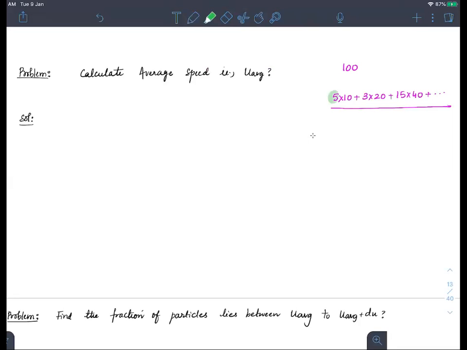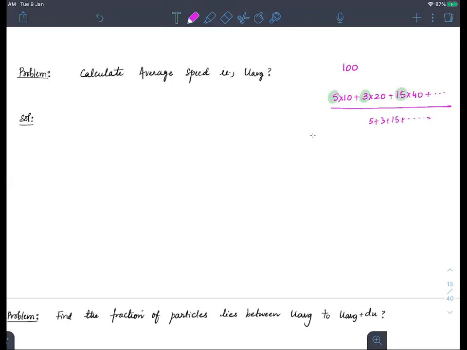So 5 students, 3 students, 15 students, multiplied by their respective marks, all divided by the total number of students, which is 5 plus 3 plus 15 plus so on, correct? This is averaging. I hope all of you understood that. This is a simple mean average.